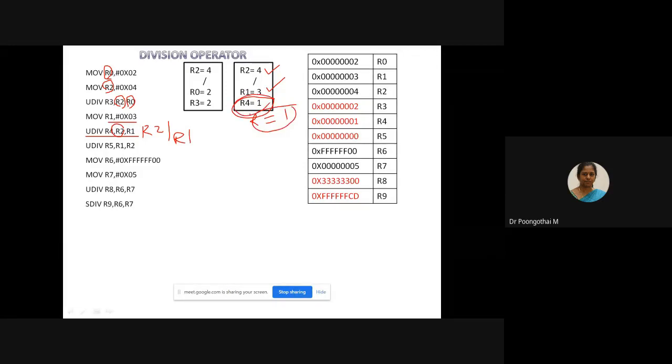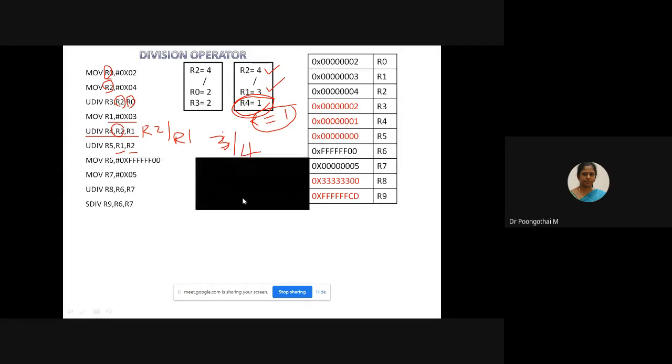Okay. Next, consider the worst case example, that is 3 divided by 4. R1 holds 3, R2 holds 4. So what is the answer when we divide 3 by 4? What will be the content of R5?